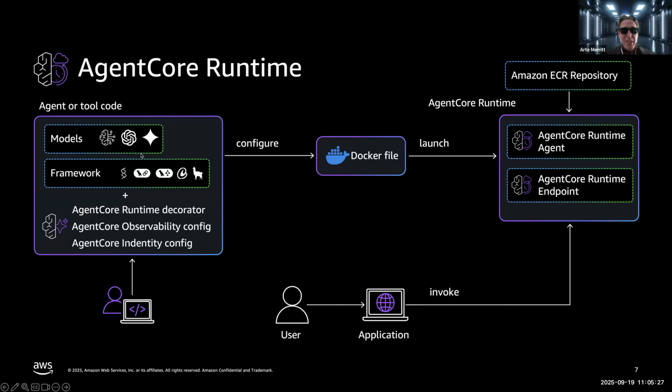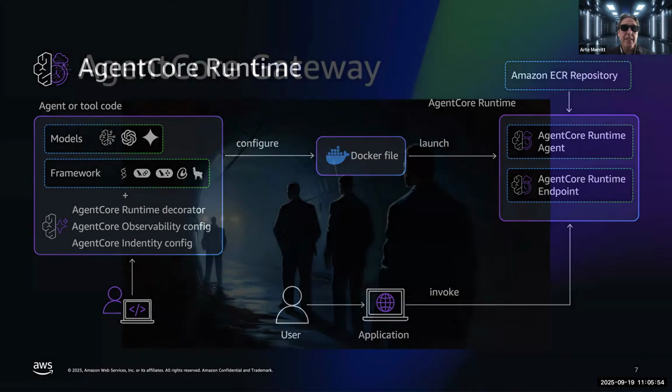For those that don't know, if you leverage Bedrock models, you can rest assured that the data is not being shared with the underlying model provider or AWS itself. That can help give peace of mind if you're working with enterprises or PII data. But you're welcome to use any model provider, just like the frameworks. Then you simply deploy the container to runtime, and we handle all the scaling, so you don't have to maintain or manage any of that.